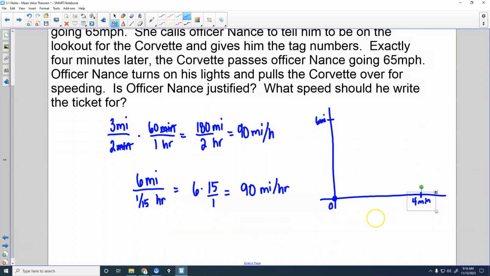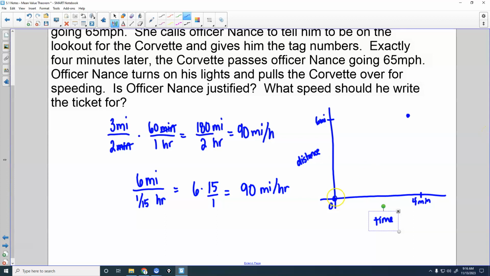So this is time, and this is distance. That car definitely, without a doubt, went from here, 0 miles from the first cop, to this point over here, 6 miles from the first cop, and it took him 4 minutes.